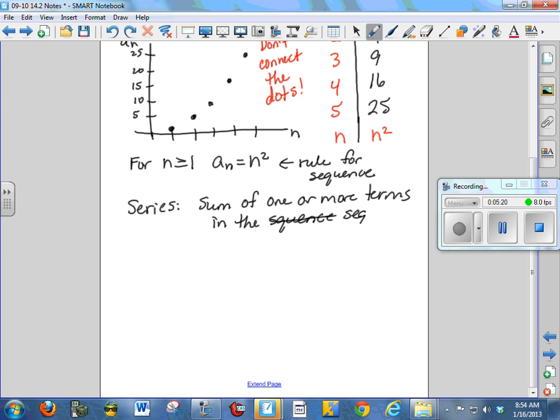Let me try that again. I would write then this as 1 plus 4 plus 9 plus 16 plus 25 plus dot dot dot. That would be an infinite series because I'm just saying it goes on forever.